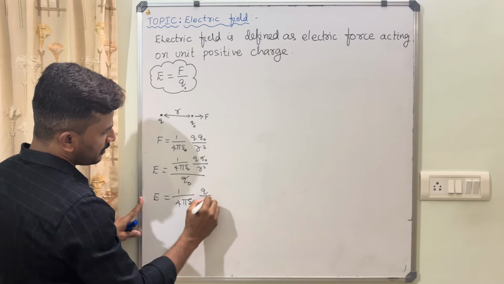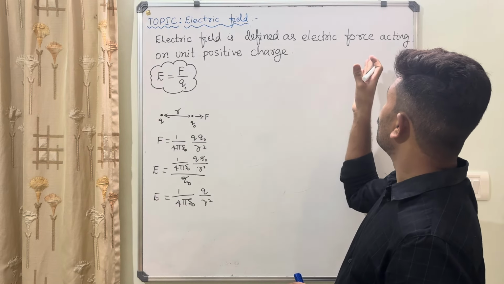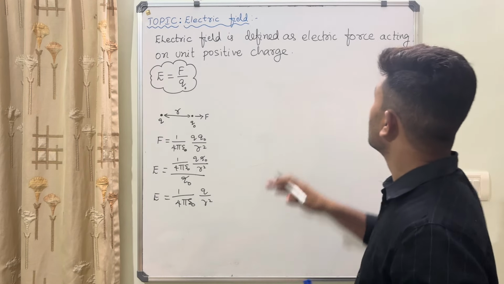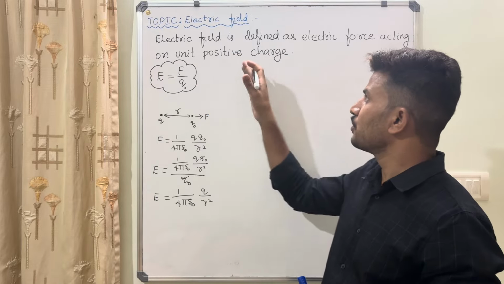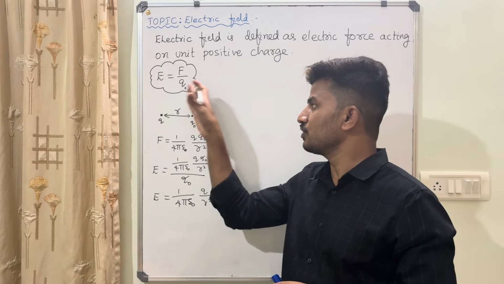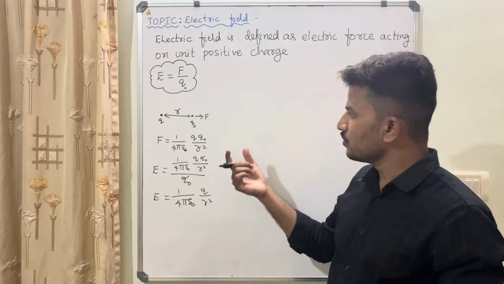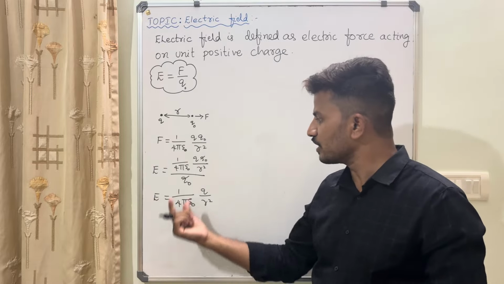So electric field is defined as the electrostatic force, that is Coulomb force, acting on unit positive charge. E is equal to F by Q naught is the general formula. This is the electric field due to point charge.